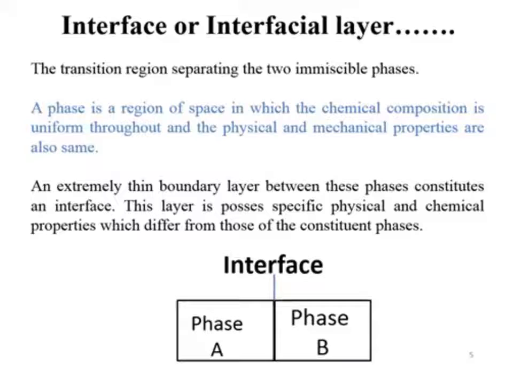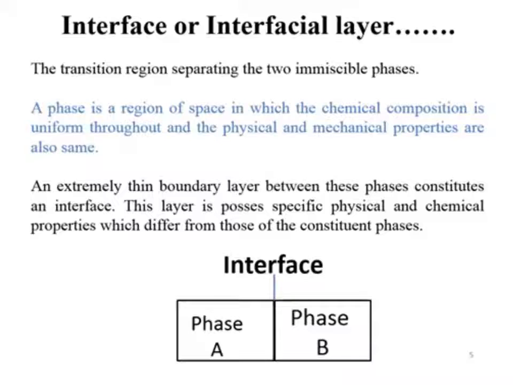Okay, what is a phase? Now the question is, what is a phase? A phase is a region of space in which the chemical composition is uniform throughout, and the physical and mechanical properties are also the same.